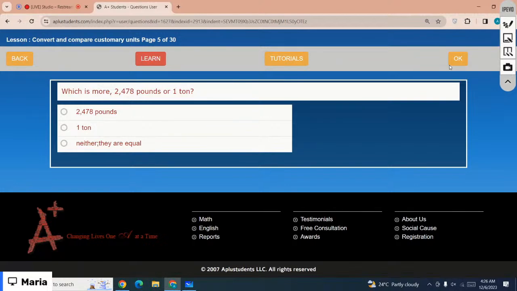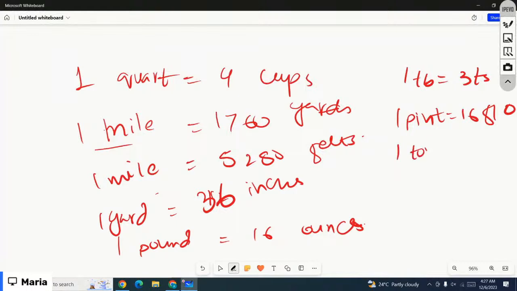Which is the correct option? 2,478 pounds is more because in 1 ton you have just 2,000 pounds, right? 1 ton equals 2,000 pounds. Got it? Yes, obviously.